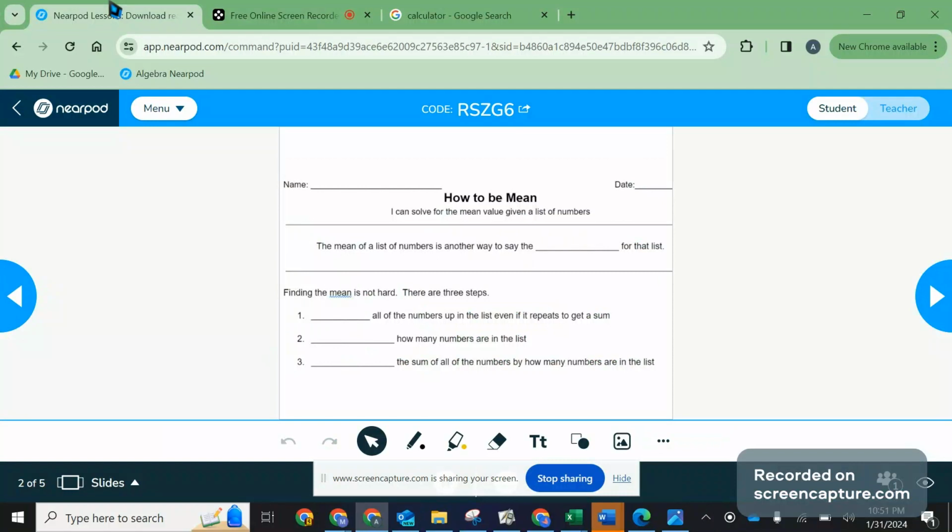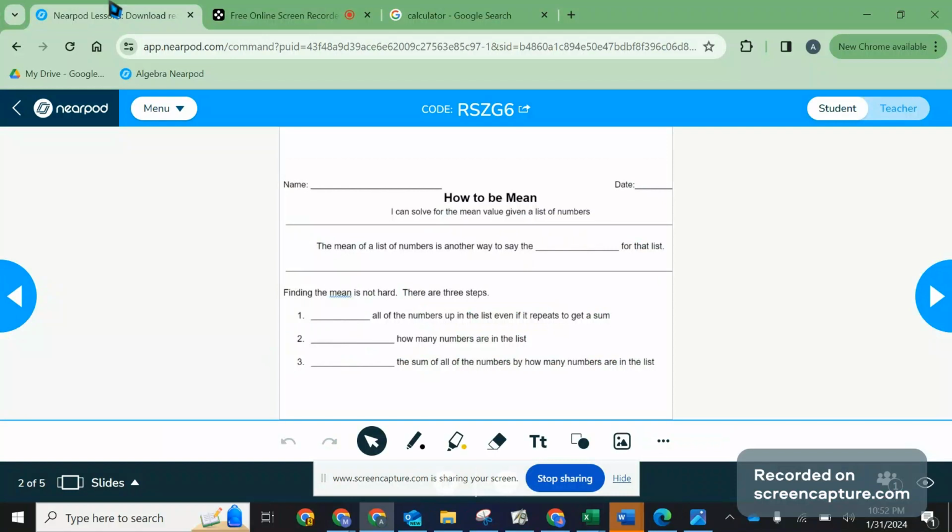Today, we are still going to be going over our lesson and we're going to be moving on to some new, more interesting things. This is going to be a foundational skill, something you've done before, so it shouldn't be too crazy. It's just a refresher on how to find the mean of a list of numbers.